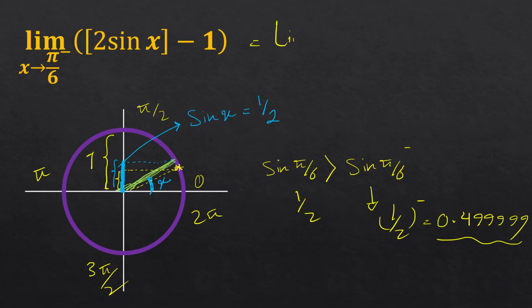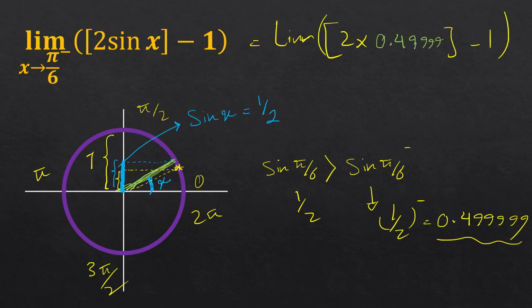Then we have the limit of 2 times sine of x minus 1, and we know that sine of an angle smaller than pi over 6 is something smaller than 0.5, something like 0.4999.